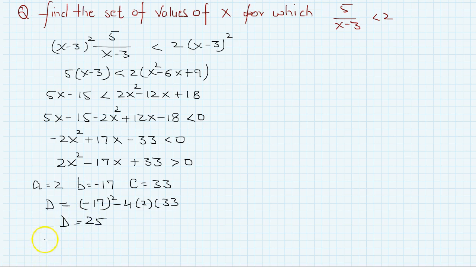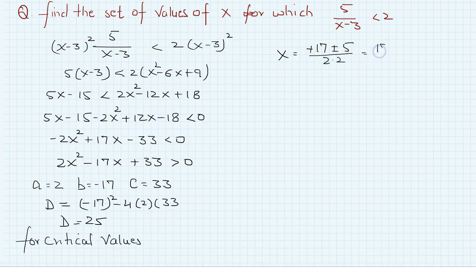Now we use the formula for the critical values. For critical values, x is equal to minus b plus minus root d, that is 5, over 2a, 2 multiplied by 2.